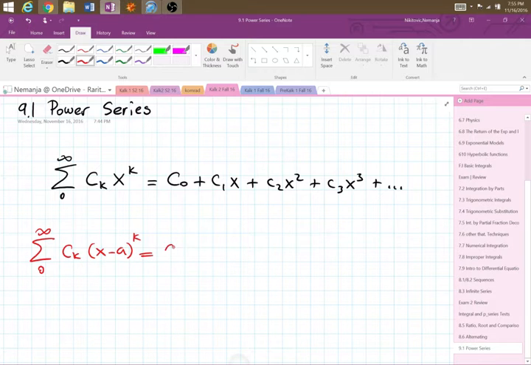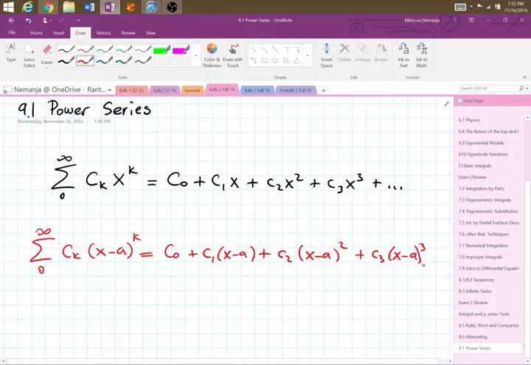And we again have c0 plus c1(x minus a) plus c2(x minus a) squared plus c3(x minus a) cubed plus going on forever to infinity. This one will be known as a power series centered at x equals a. Centered at a, value a. Now we'll see what that means.